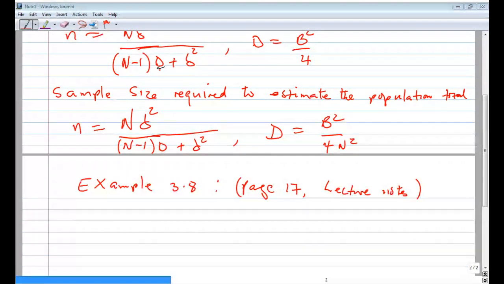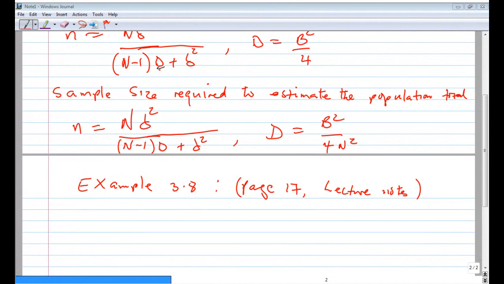They know very well that from that range you can find the population variance. I will show you how to do that. You have also been given the population size, which is 1,000 open accounts. They want us to find the sample size required to estimate the population mean with a bound on the error of estimation, which is B equal to $3.